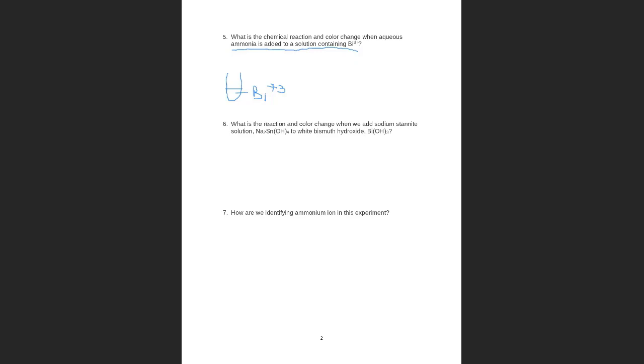So basically the bismuth plus the ammonia, we can write this. Ammonia is the same as ammonium hydroxide. It's basically a weak base. So what happens?